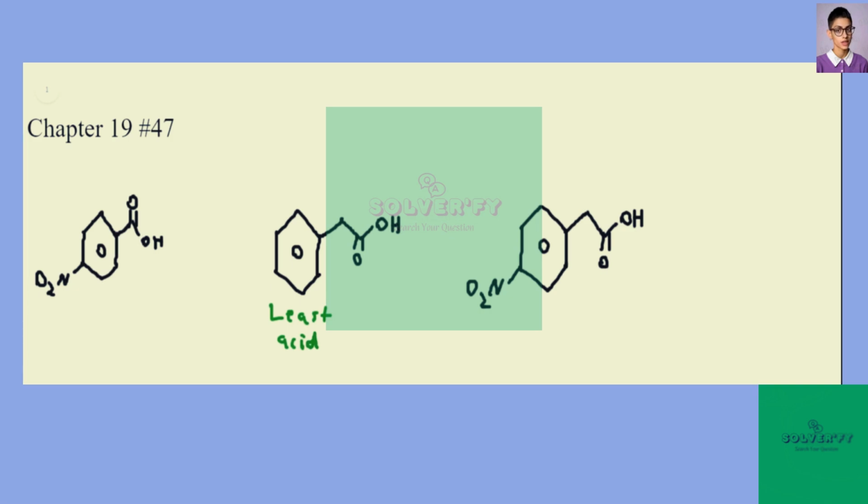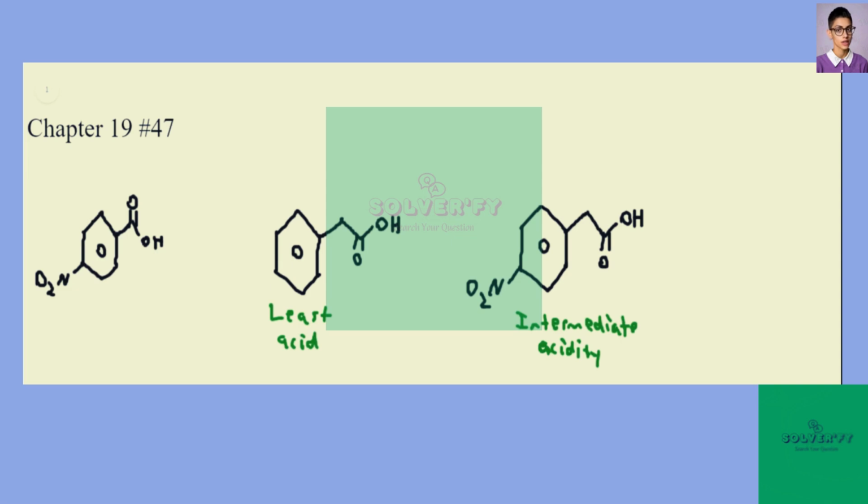So the intermediate acidity molecule is going to be this one. Again, with the carboxylic acid separated from the ring by one carbon, we're not really going to get the same strong effect that we would if the carboxylic acid were substituted directly onto the aromatic ring.